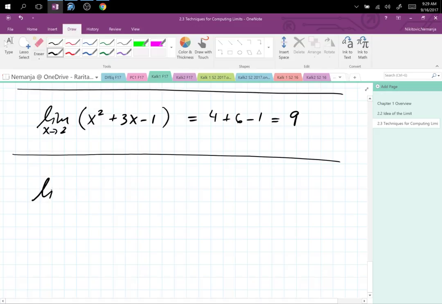So say you have the limit of x squared plus 5x plus 6, divided by x squared plus 2x, and x goes to negative 2.